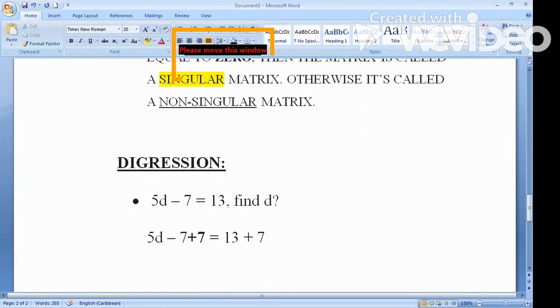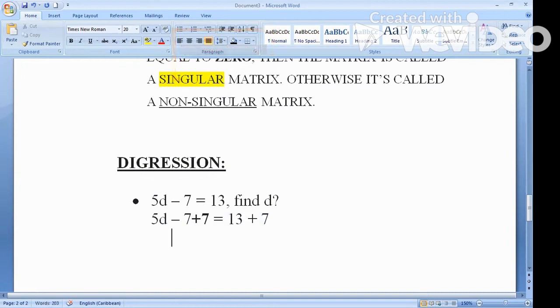So the 7s will go away, that will be 0, and 13 plus 7 will be 20. So 5d is equal to 20.